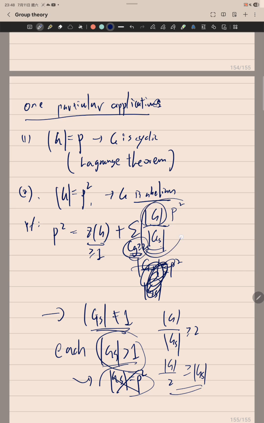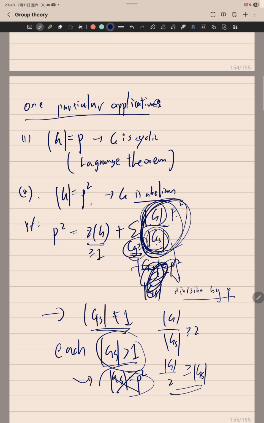So which means that this guy is p squared divided by something. So in particular, this guy is divisible by p, because G_s is a subgroup of G. So |G_s| is either 1, p or p squared, but it cannot be 1 or p squared, so it must be p.